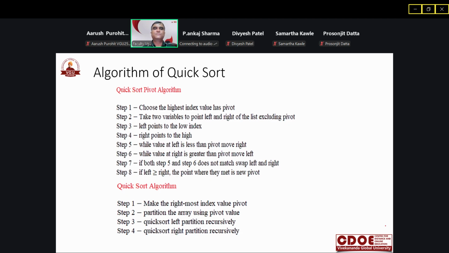Then step 2: take two variables to point to the left and right of the list including the pivot. Normally in programming and algorithms, these two variables are i and j. So we take a left pointer and a right pointer. The left pointer points to the low index and the right pointer points to the higher index.